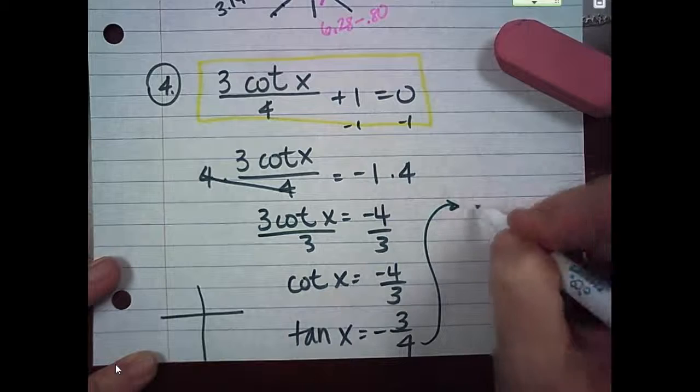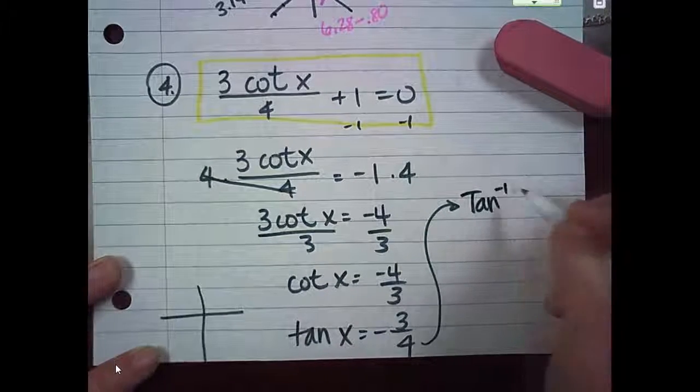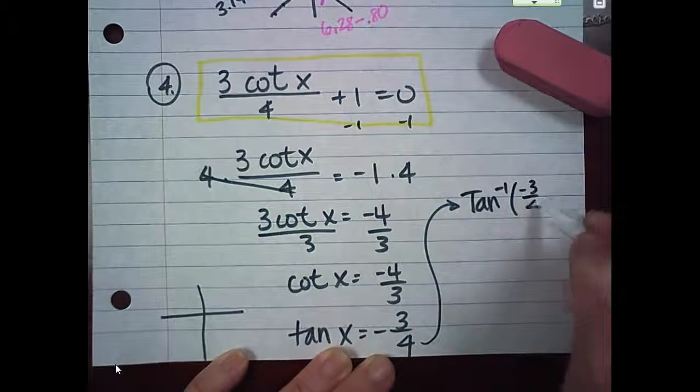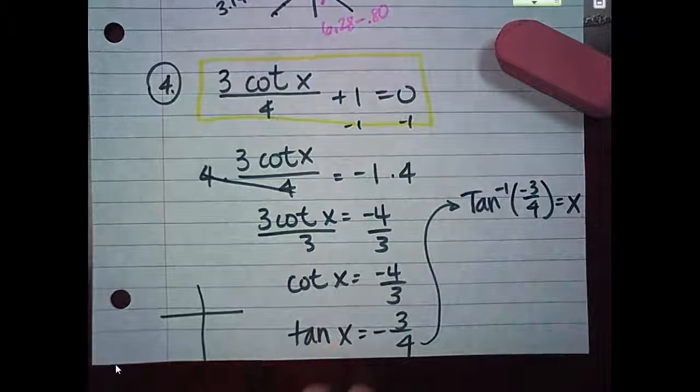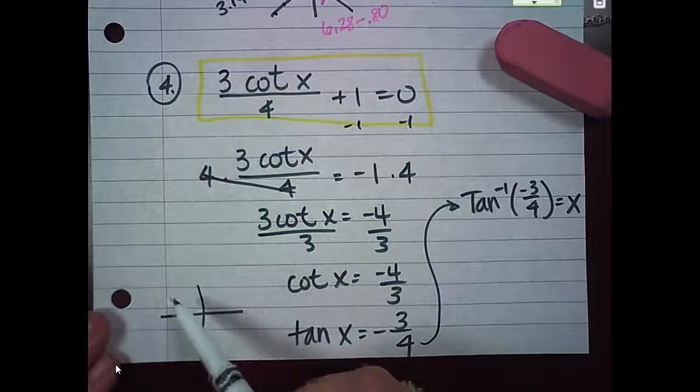I ran out of room. So we're going to take the inverse tangent of negative 3/4. That's going to give me the x. I'm giving you an outside value. I want to know what radian we're at. Tangent is negative.